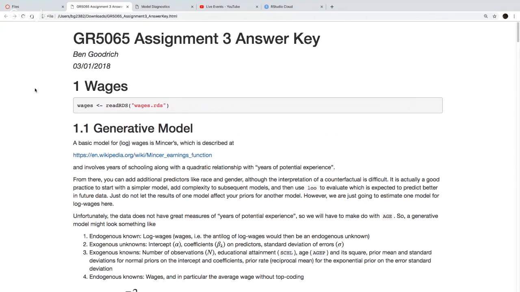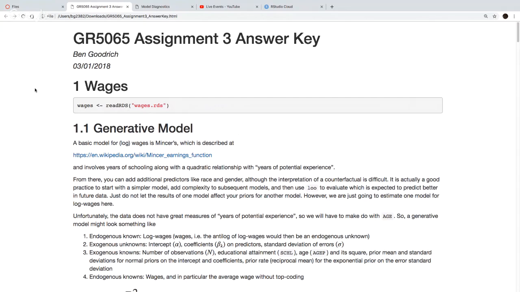People were asking on campus what they should put in these things. There are hundreds of papers about modeling something related to wages, and you can just pick any one of them and go from there. A particularly easy and common model for log wages has been around for years, originally from somebody named Jacob Mincer.